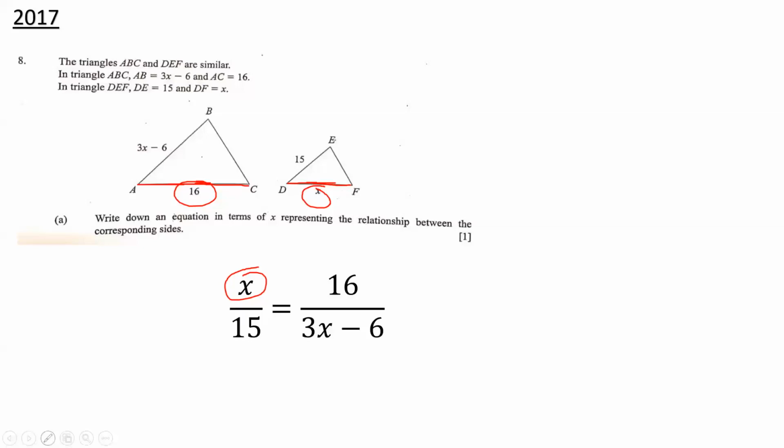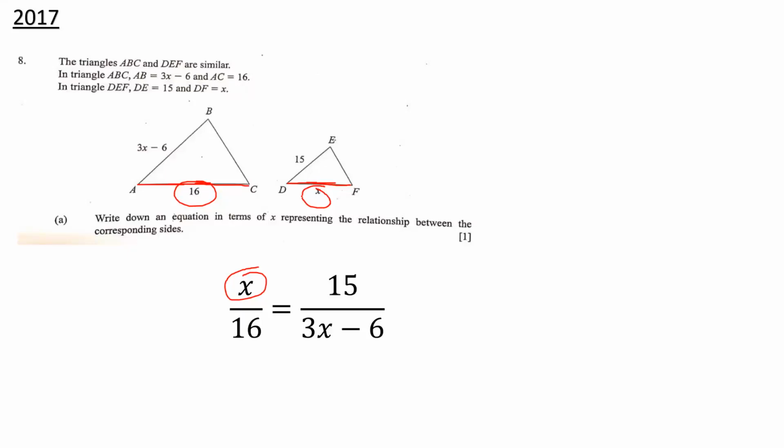Okay, so in explaining this, I realized that I actually have the wrong equation, because if you look at it, I have X over 15, which is not how it's supposed to work. So I made a new slide to explain it the correct way. So let's do it right.